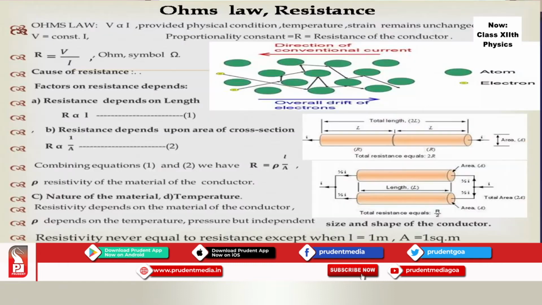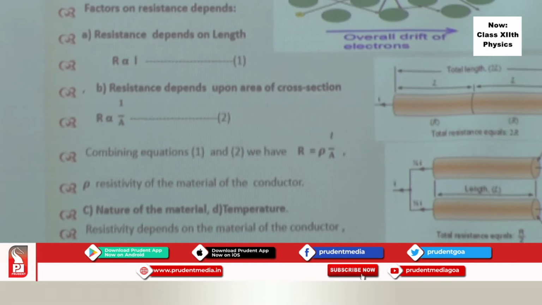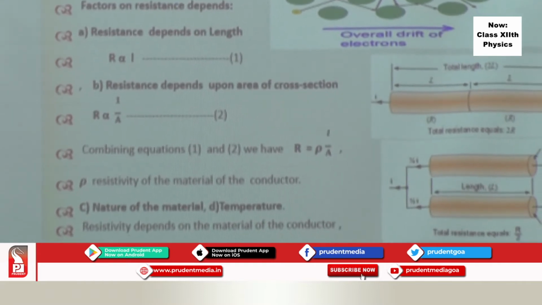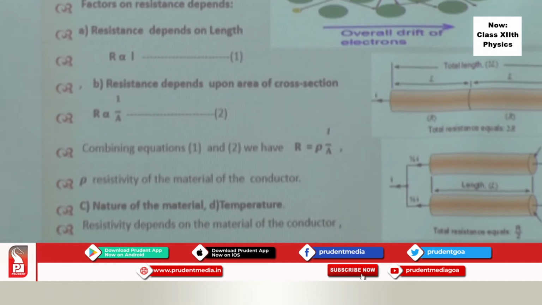So resistance is inversely proportional to the area of cross-section. Thicker the wire, lesser is the resistance. Then if you compare these two relations, you will find that resistance is some constant times L upon A. This constant is called the resistivity of the conductor, also known as the specific resistance of a conductor.